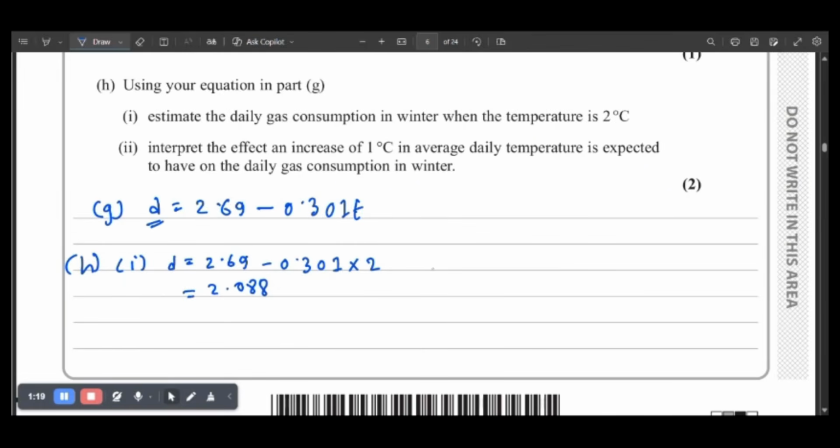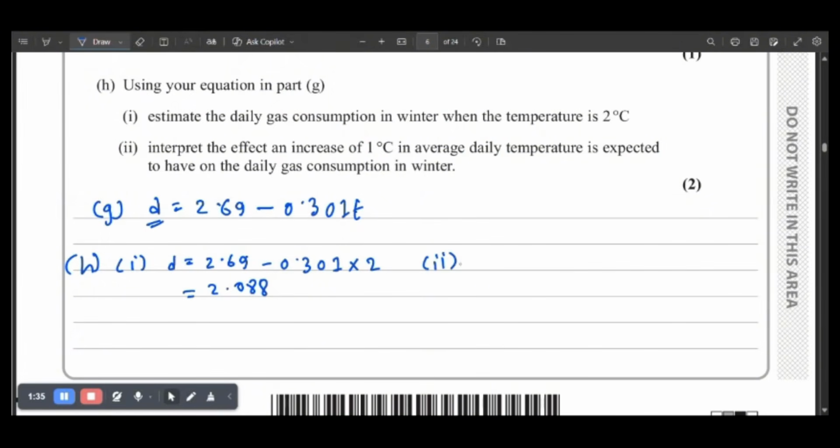For part 2, we have to interpret the effect an increase of 1 degree Celsius in average daily temperature is expected to have on the daily gas consumption in winter.